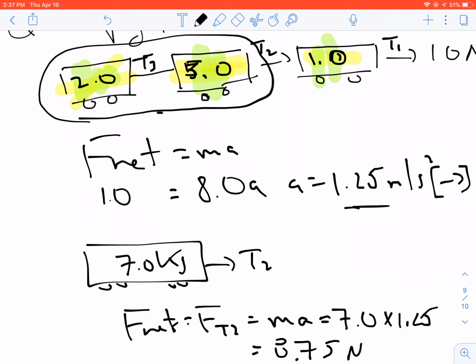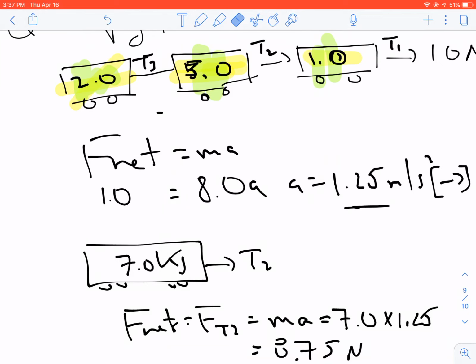Now, I could do this the other way and say, okay, let's look at this object here and say, what are the forces acting on this one? Well, I know that there are two forces acting on this 1 kilogram mass.